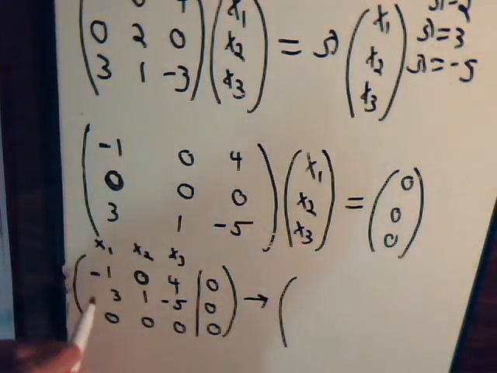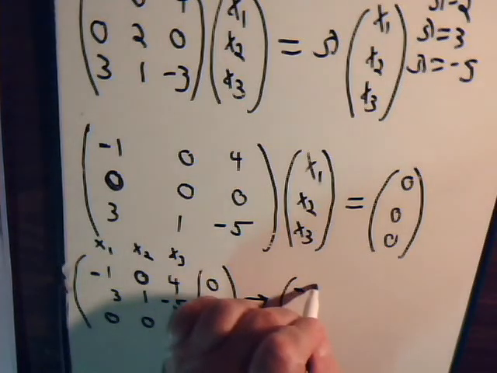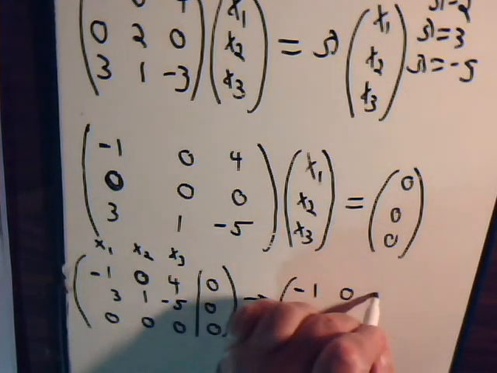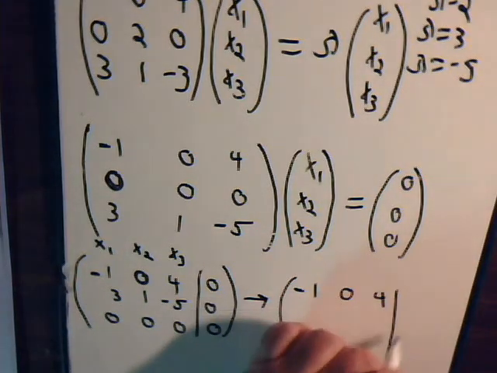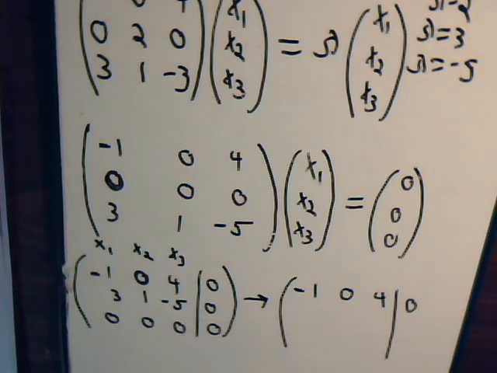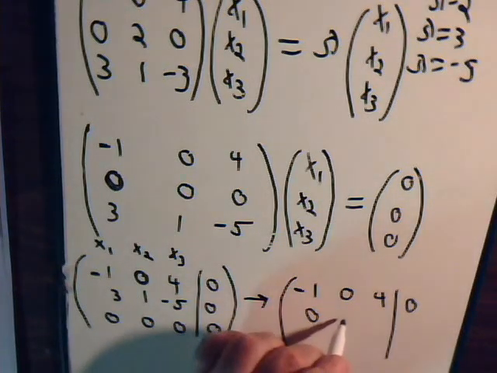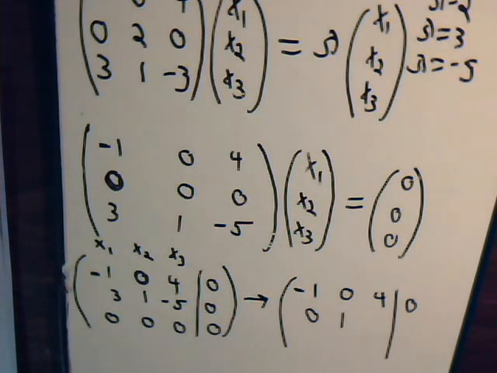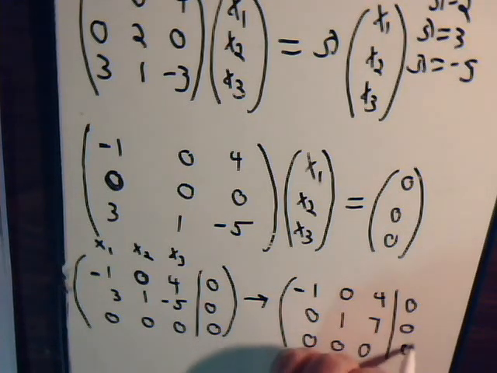So the top row stays unchanged, and this becomes 0. 3 times 0 is 0, so this is just 1. And 3 times 4 is 12 minus 5, that's plus 7, and we have zeros all the way across. Okay, we can stop right here.